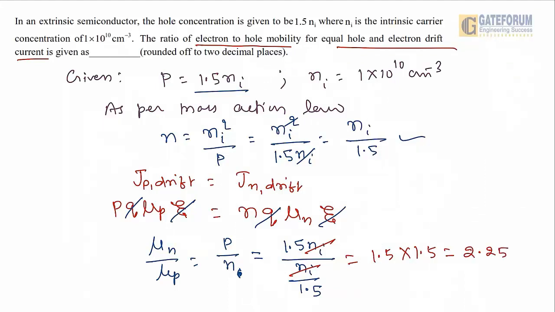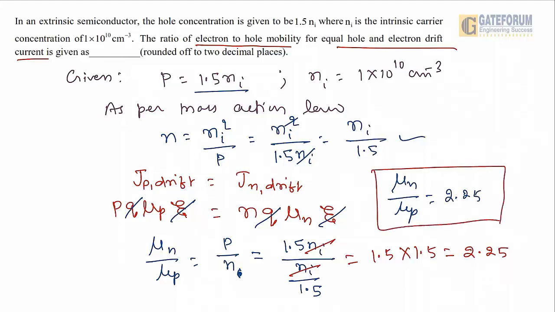So the ratio of mu n by mu p is 2.25, and this is the final answer for this question. This is the end of the explanation for this question.